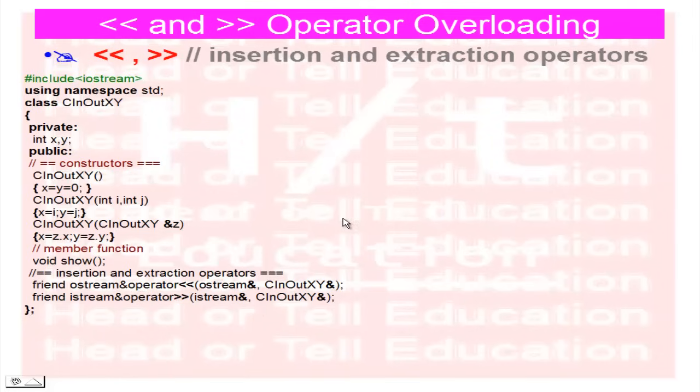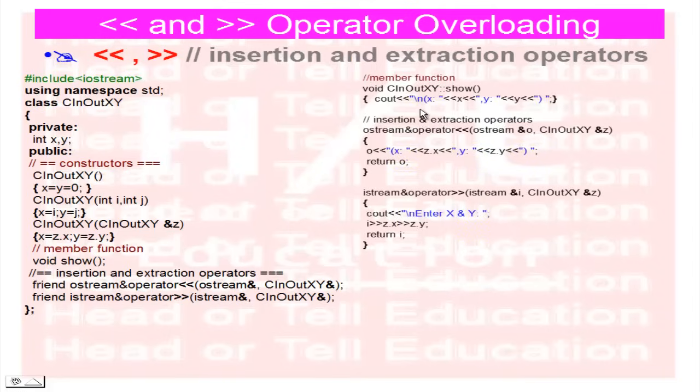Now, how to write this? First we declare the void show function. As in the previous slide, we write the void show function the same way: cout, new line, x and y. Now this time I am using these operators. First, the ostream reference operator less than less than, with the ostream object reference o and the CinOutXY object reference z.